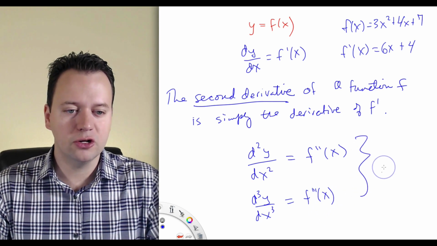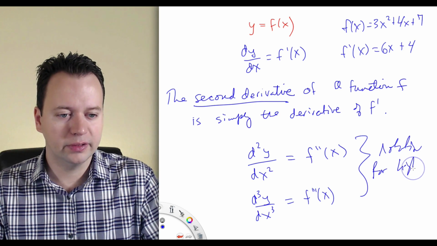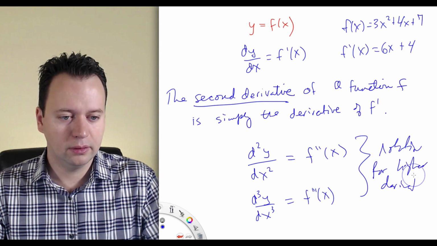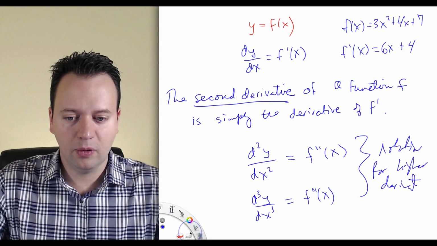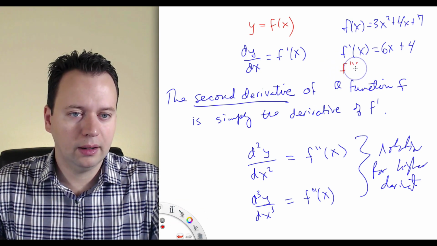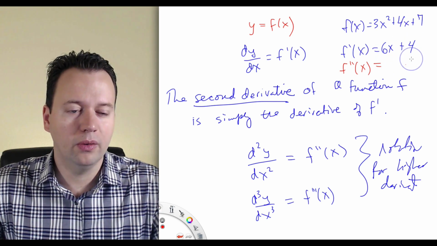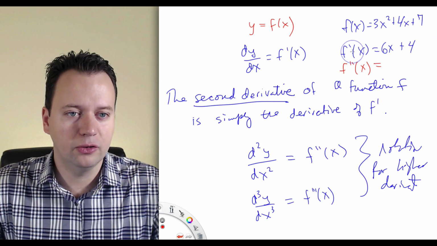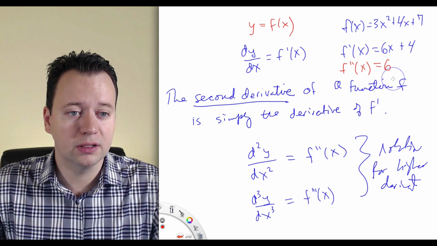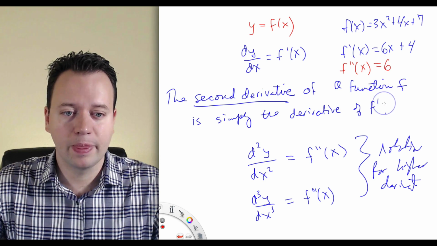So this is the notation for higher derivatives. In this example, I'm not going to compute it using the limit definition, but the derivative of this, if you actually compute it, is just 6. So f double prime of x is equal to 6.